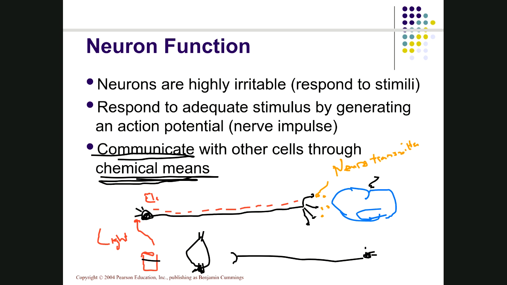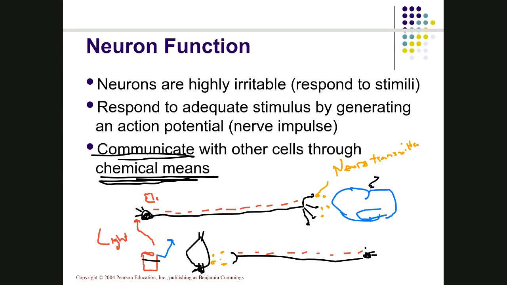We're going to create an electrical potential, and here the electricity is going to travel down this neuron. And when we get here, we're going to release a chemical, another neurotransmitter. The neurotransmitter is going to interact with this muscle, and then the muscle is what's going to contract to lift up the glass of water. And so, again, this is how it's going to work.